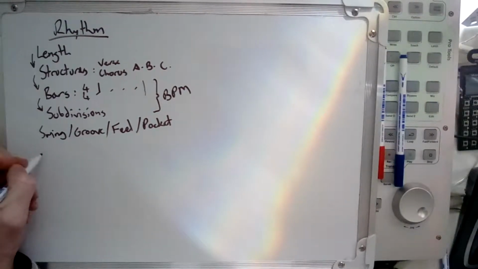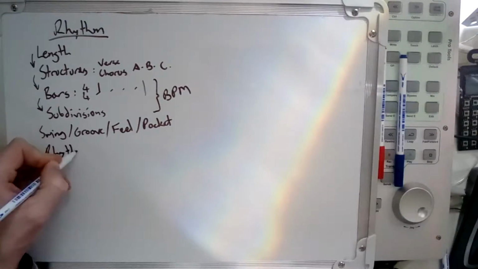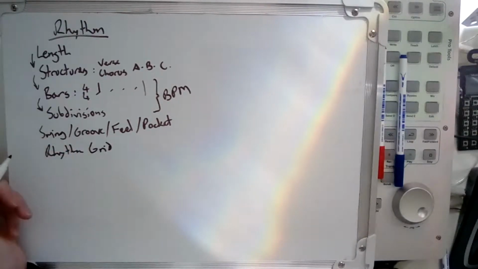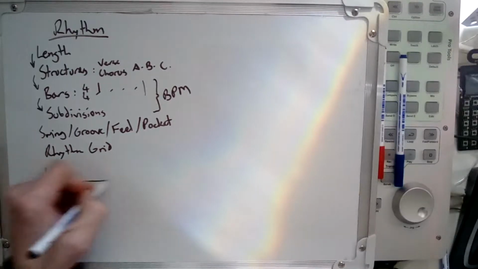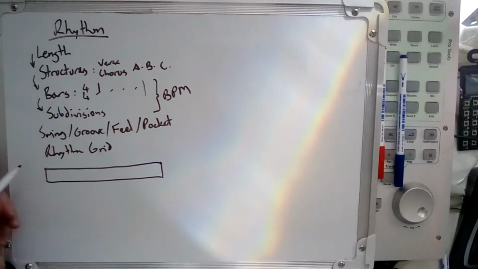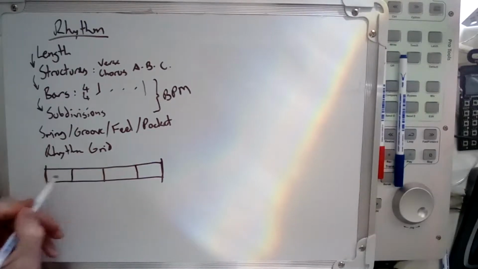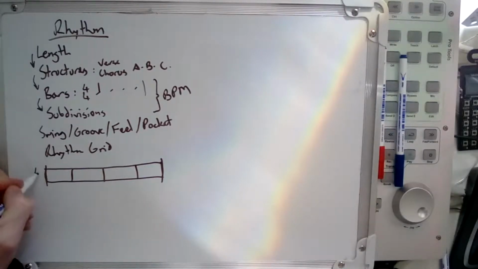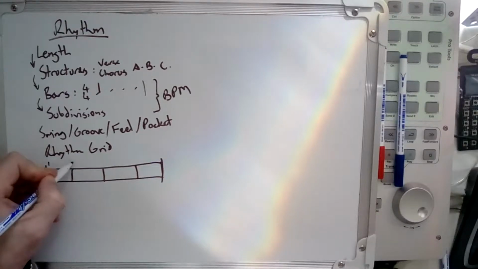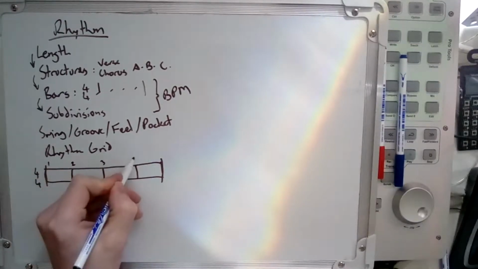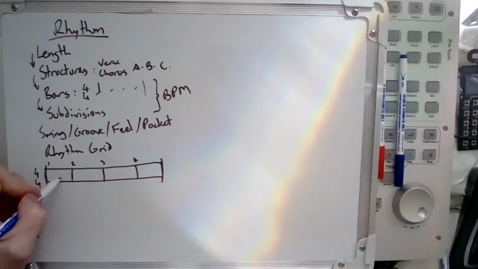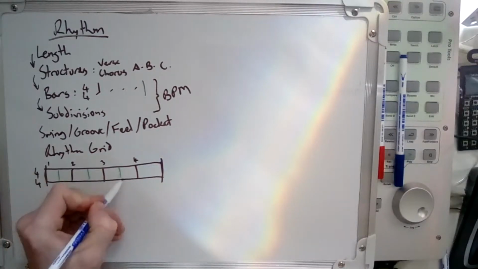So now we could use what's called a rhythm grid to do our rhythmic notation, which visualizes each of our bars as a string of squares that we divide up into smaller squares. So if we're staying in 4/4, these are each of our main beats. And then inside that, we have our smaller subdivisions.